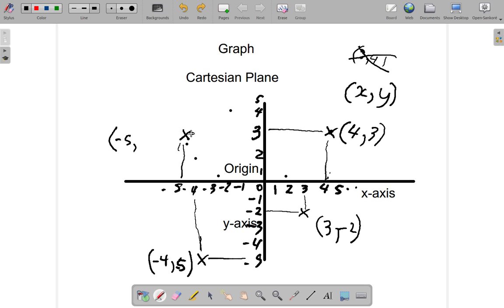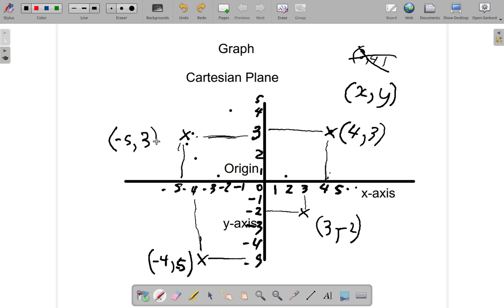What about y? I want to see which number it is beside. Well, it would make sense for me to go to the left. There are no numbers to the left, so let me go to the right. It's beside what? It's beside 3. So the y value that it is beside is 3.